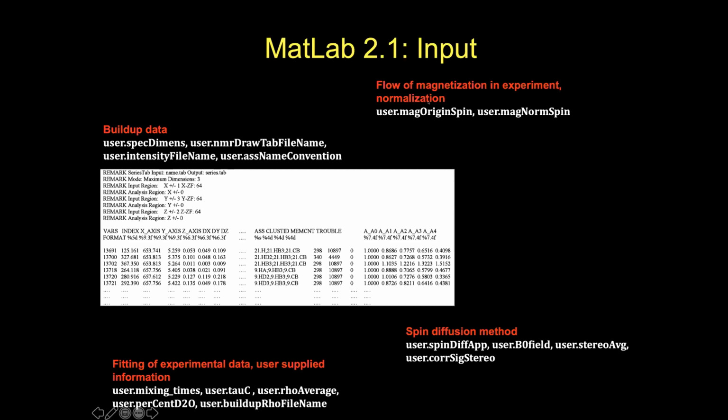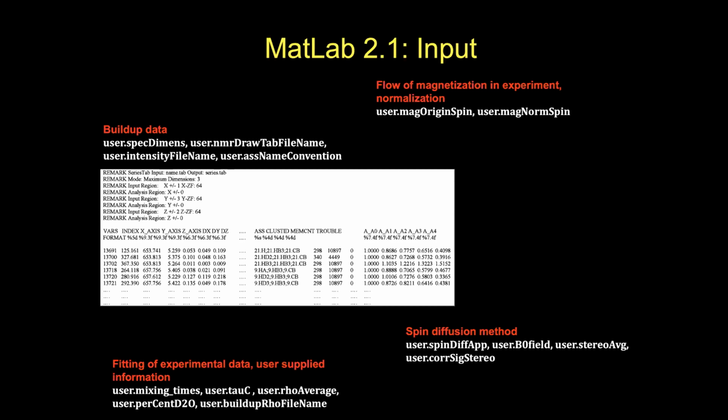That's 2 parameters here. The one that tells you which is the origin of the spin. And then the second one is the one where you say if you want to normalize your cross peak build up to the initial intensity of your spin of origin or the spin of destination.